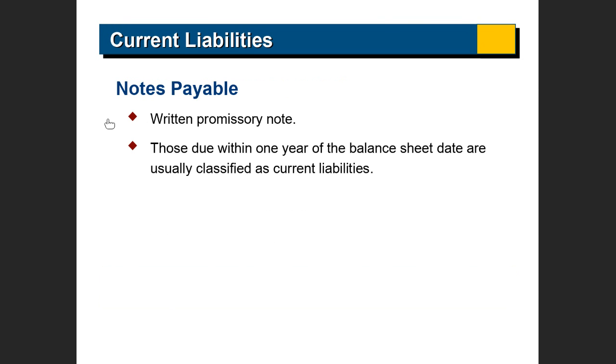Then the second item under the current liabilities is the notes payable. Now, with notes payable, you have a promissory note: the company has borrowed money from somewhere and it will pay it back. If that is going to be paid within 1 year, it will be reported in the current liabilities section. So for example, we have an example here.